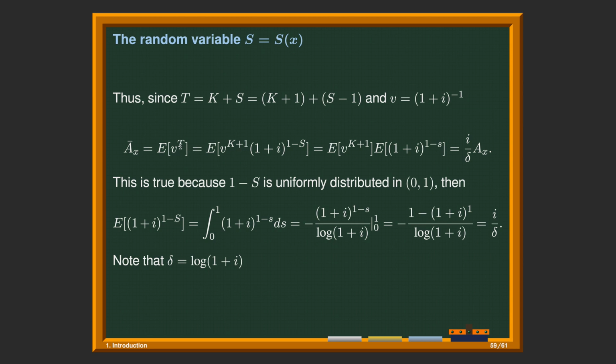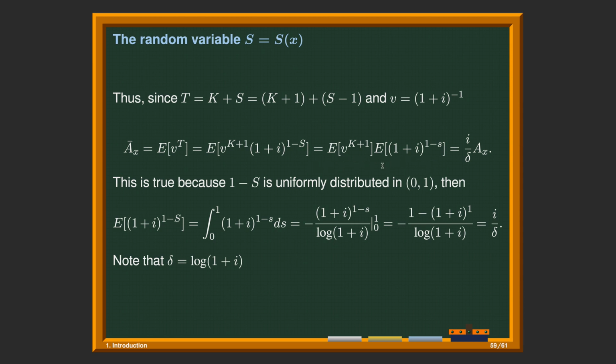And so replacing T by K plus 1 plus S minus 1, and noting that V is equal to 1 plus I to the negative 1, we end up with the following expression: the expectation of V to the K plus 1 times 1 plus I raised to 1 minus S. But since K plus 1 and 1 minus S are independent, this expectation can be written out this way.